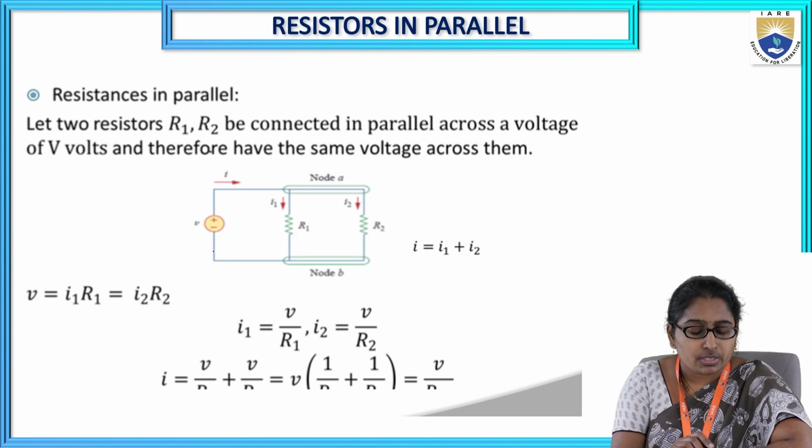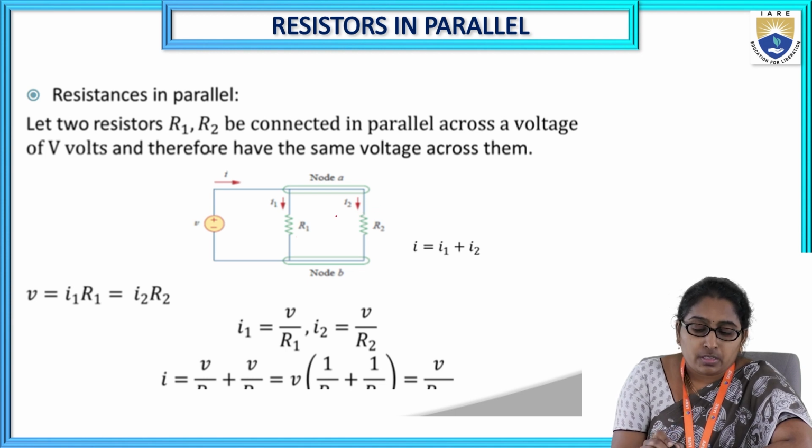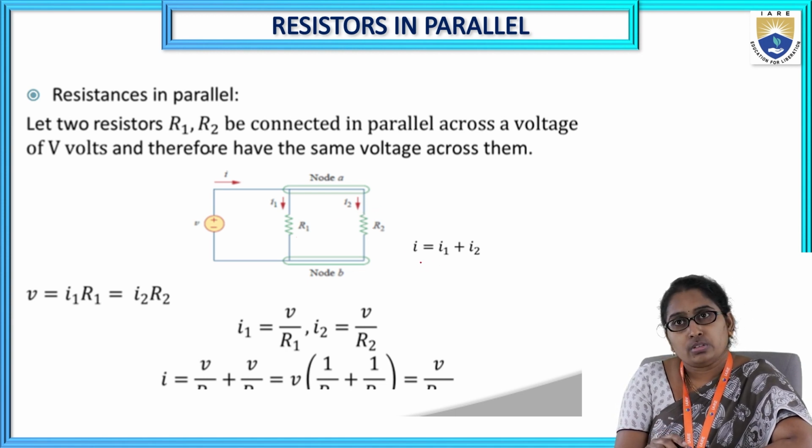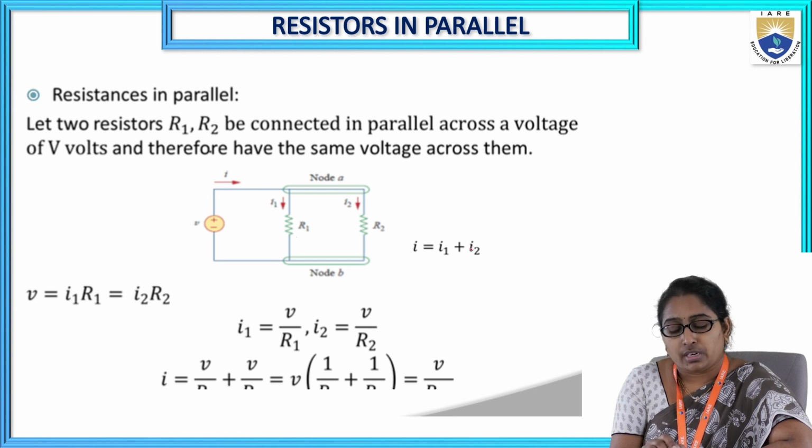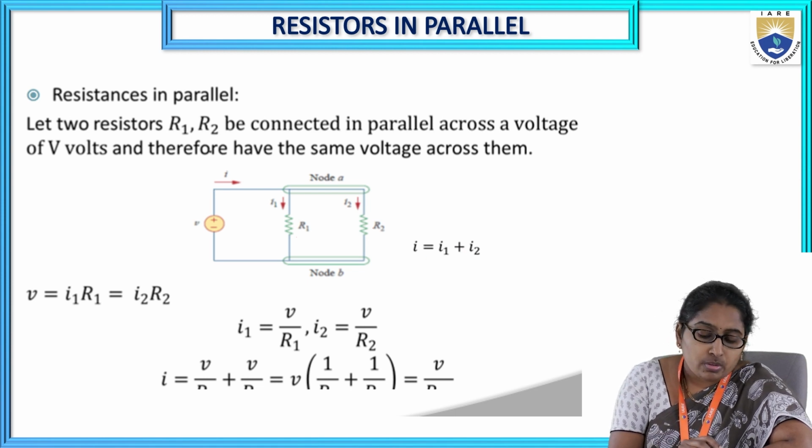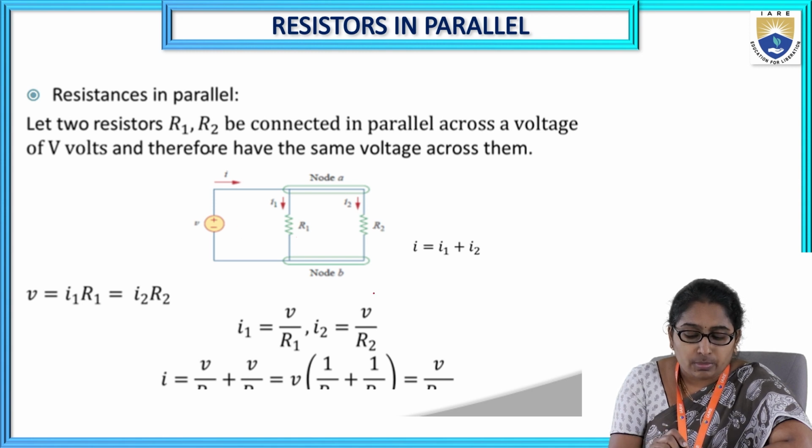Current I flows in the circuit, and the voltage across each resistor is V only. Let the current in R1 be I1, and the current in R2 be I2. So I is equal to the sum of the two currents, I equals I1 plus I2.